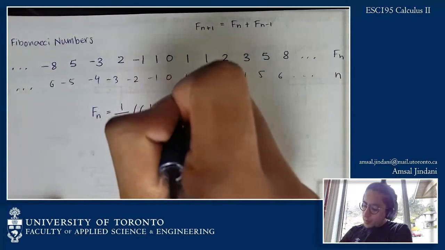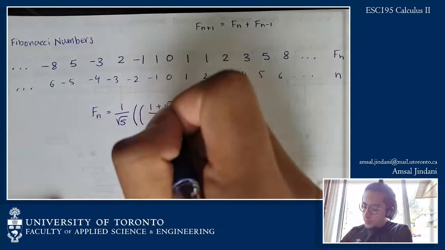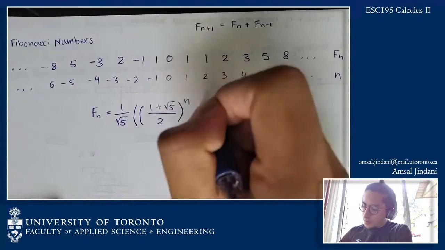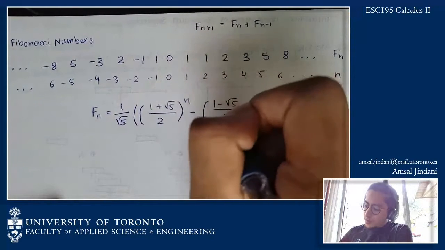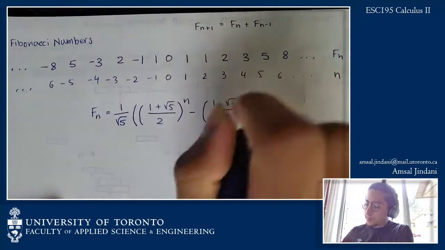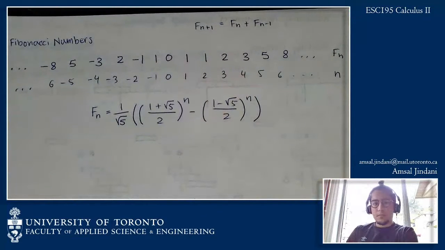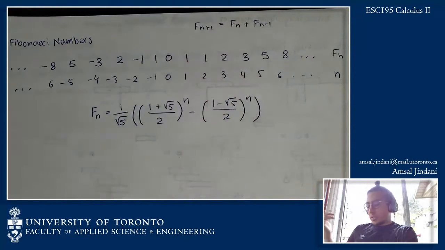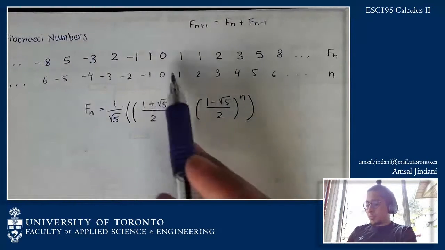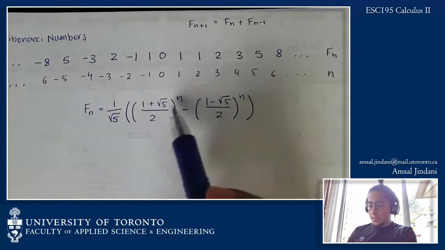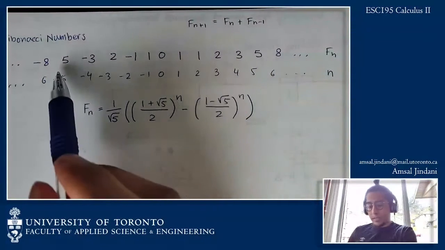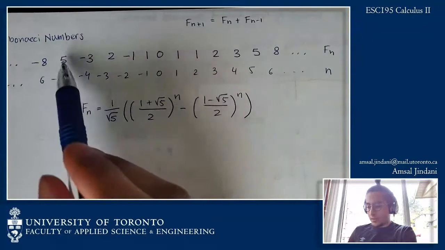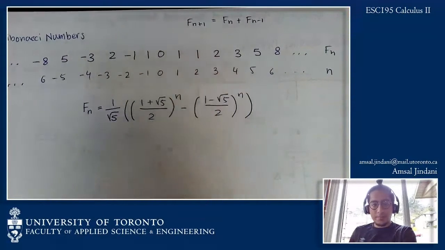That's ((1 plus square root of 5) over 2) to the power n minus ((1 minus square root of 5) over 2) to the power n. And you can try out a couple of numbers. If you plug in 0, you'll get 0. If you plug in 5, it'll give you 5. If you plug in the negative numbers, you actually get the negative Fibonacci numbers exactly like how they are over here, with alternating signs.